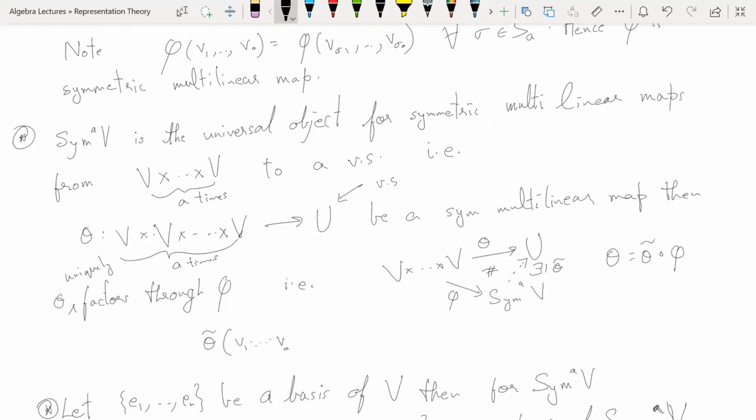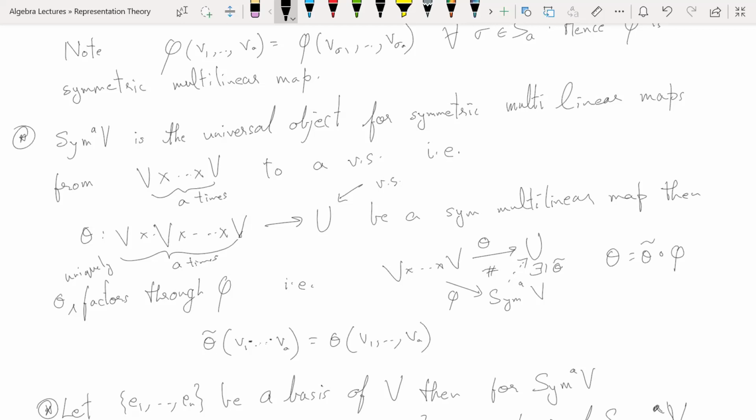So where should theta tilde send v1 to vA? The product. It should be theta of v1 to vA. A more rigorous way of doing it: theta defines a map from A copies of V, V cross V, to U, which is multilinear.